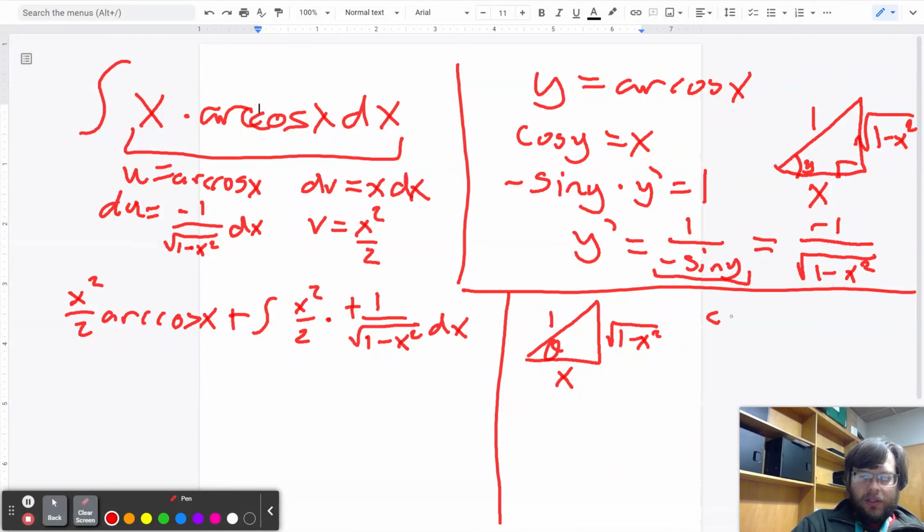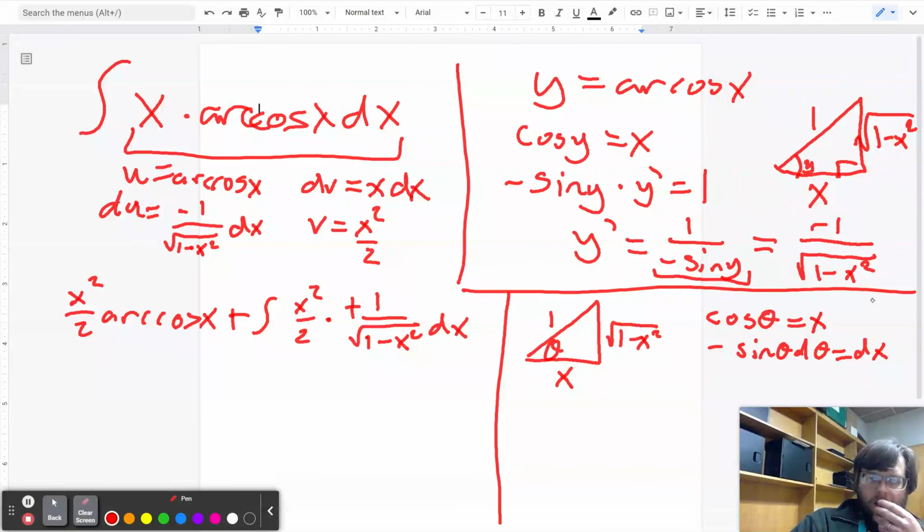So we could say cosine of theta is x, negative sine theta d theta is dx. And like we said before, sine of theta is going to be the square root of 1 minus x squared. And let's just see if the trig sub takes care of our integral.